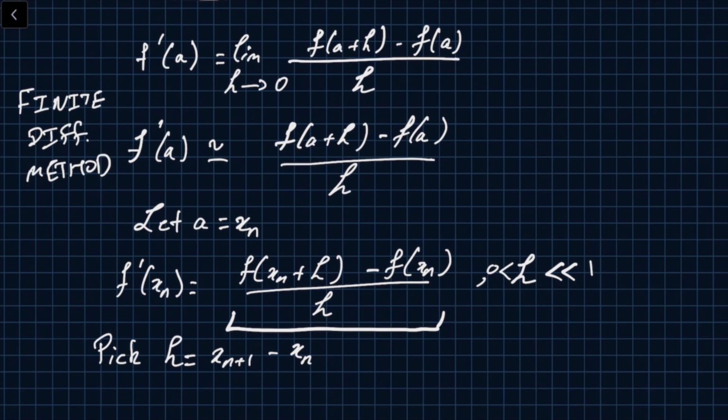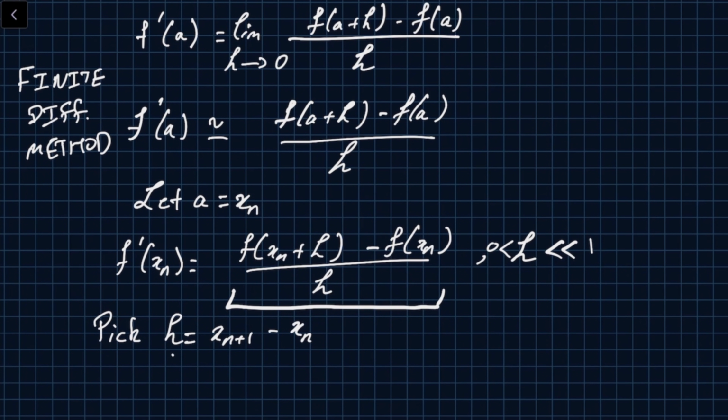You don't want to be adapting h or fixing h at every given iteration. It doesn't make sense. And this is also, in the finite difference method, something you could see as a forward iterative approximation.